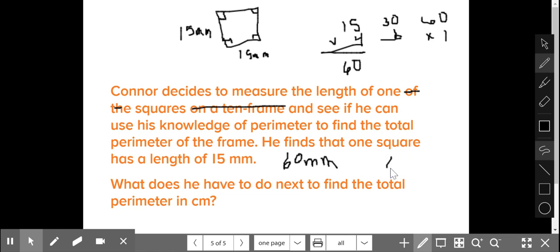So 1 centimeter equals 10 millimeters. So how many centimeters do we have if we have 60 millimeters? The answer is 6 centimeters is the same as 60 millimeters.